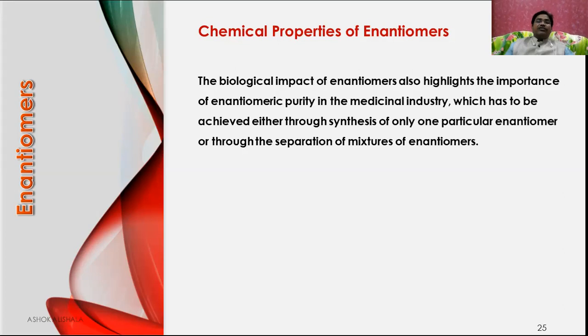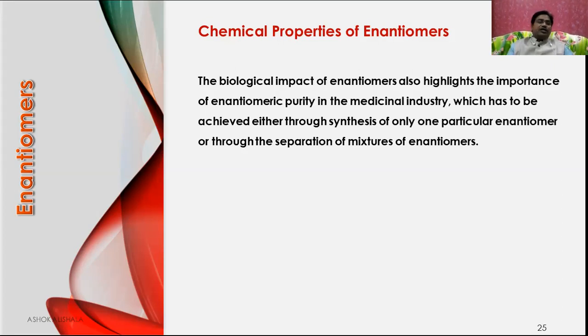So with this, I think you understood what enantiomers are, what the different types of compounds are, which are called enantiomers, what their chemical properties are, and how the two isomers differ in pharmacological or other ways.